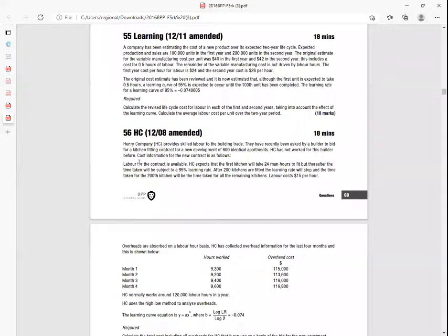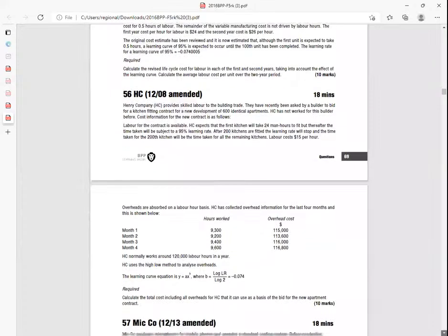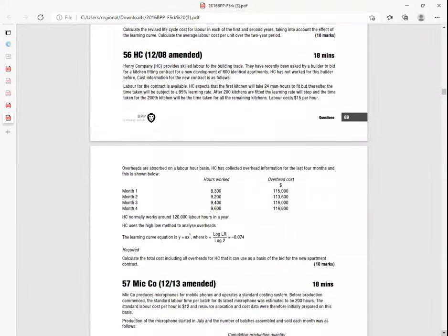After 200 kitchens are fitted, the learning rate will stop and the time taken for the 200th kitchen will be the time taken for all the remaining kitchens. Labor cost is $15 per hour. They want us to calculate the total cost, including all overheads, for HC that it can use as a basis of the bid for the new apartments.